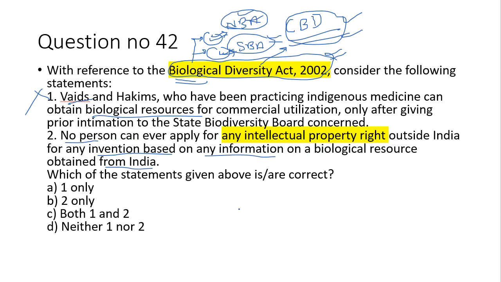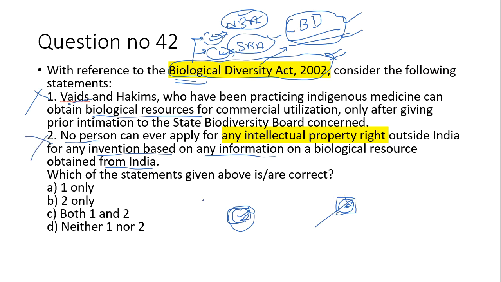For example, if someone, who is not an Indian citizen, makes a product from the knowledge of Indian biological resources and applies for intellectual property registration in Sweden, then there is no prohibition on that. How can an Indian intellectual property right be applied in that country? So this statement is also wrong.